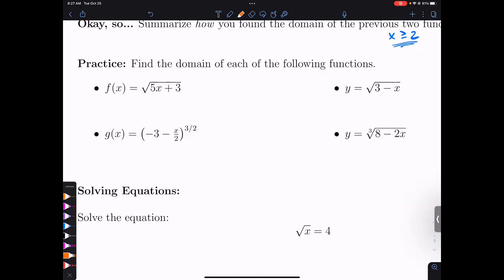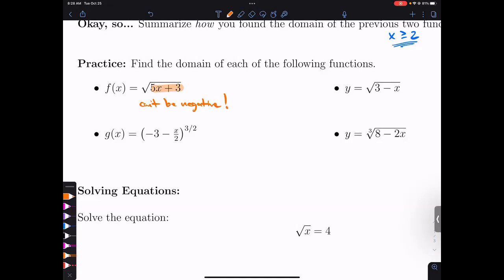Square root, an even root, means that this stuff can't be negative. So that's what we need to be looking for, making sure that the thing underneath is defined, but also it can't be negative.